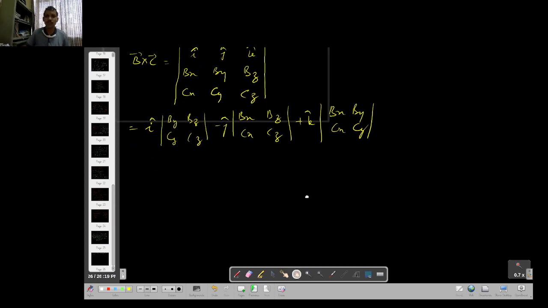we are interested to find out A dot with it, so that means now A dot B cross C can be written like this.